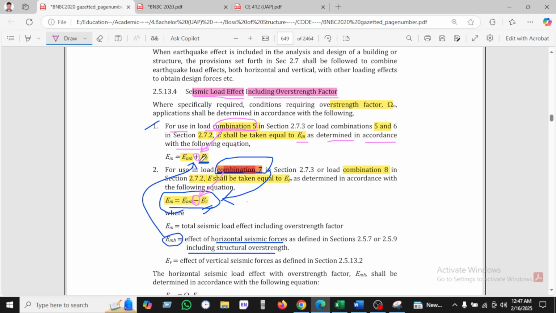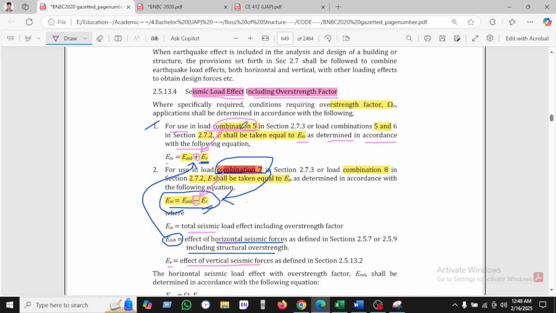You can see here that before the vertical earthquake, it is given on the positive side. EM is the total seismic load effect including the overstrength factor, and EMH is the horizontal seismic force defined in section 2.5.7, including structural overstrength, along with the effective vertical seismic forces.